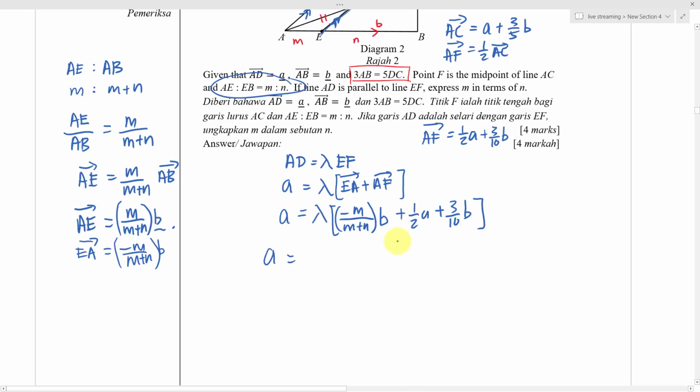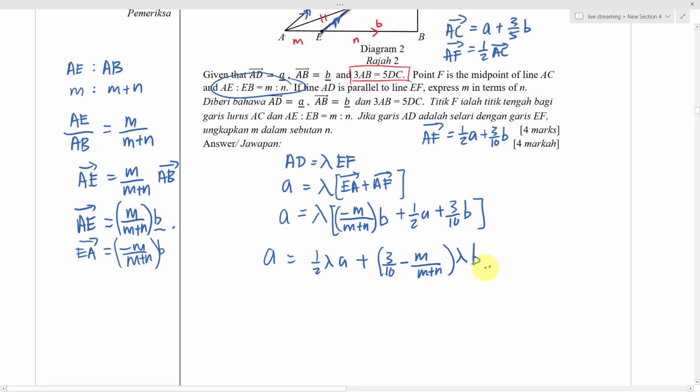So I multiply lambda to A first, I get half lambda A. And then I multiply lambda into both B terms here, so I can factorize out the B. I will call it 3 over 10 minus M over M plus N, lambda B.